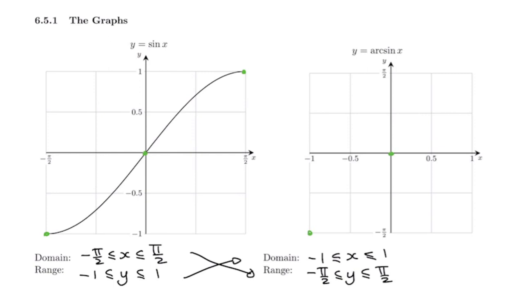And the maximum coordinate was pi over 2, 1, which becomes 1, pi over 2. And the other thing is, remember that the inverse is a reflection of the original in the line y equals x, so the curvature changes. So anything that was concave becomes convex, and anything that was convex becomes concave. So that is our graph.